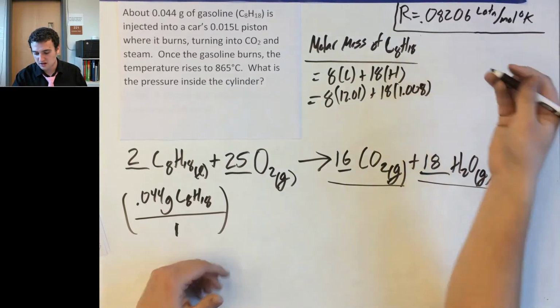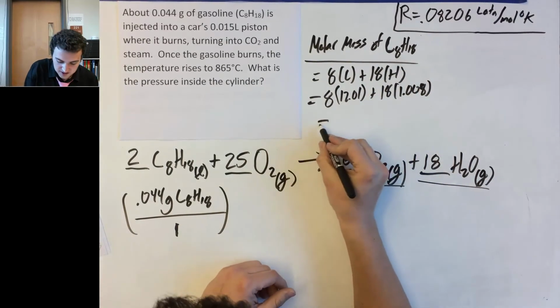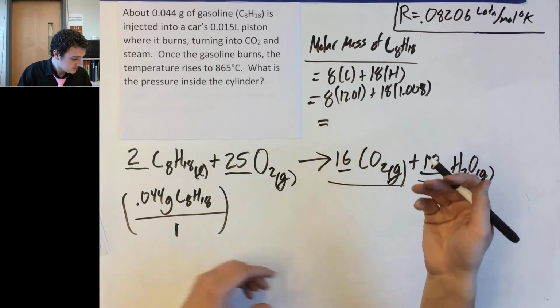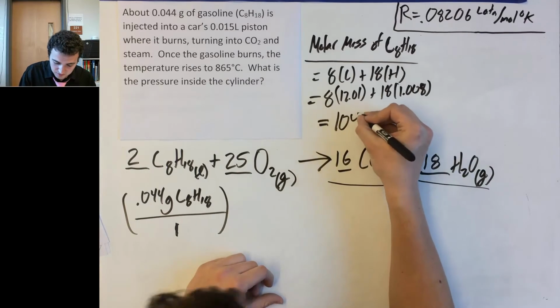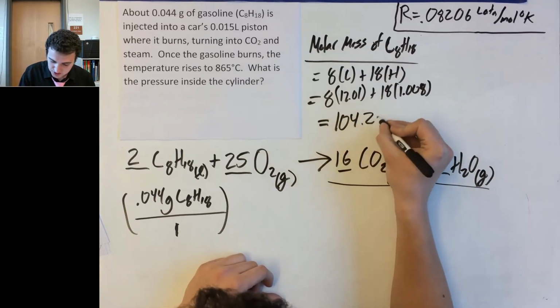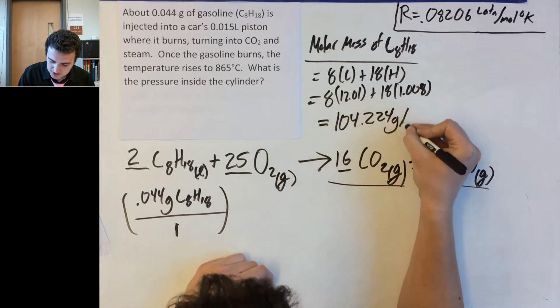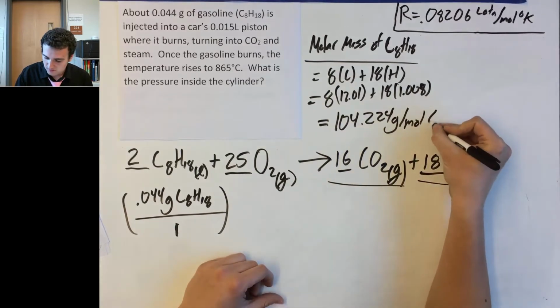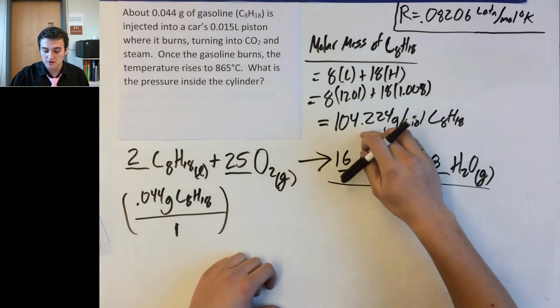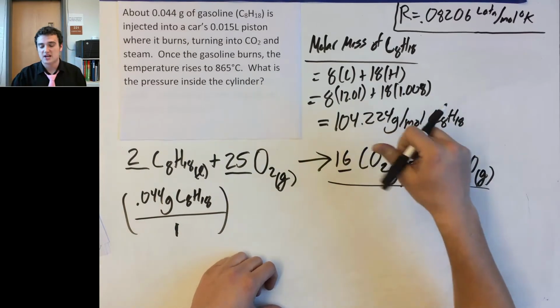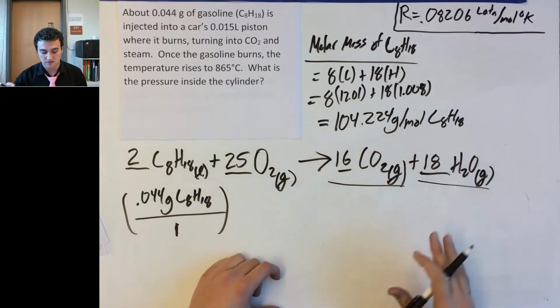I plug it into my calculator and find that the molar mass of this is 104.224 grams per mole of gasoline, C8H18. That means that for every 104.224 grams, I will have 1 mole of gasoline.